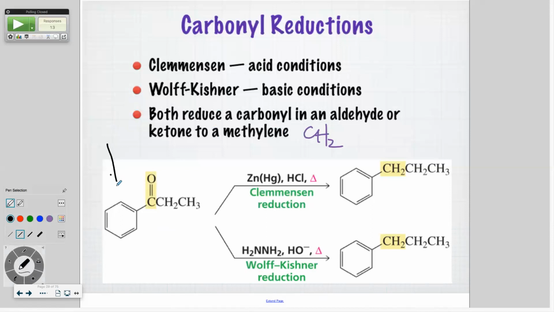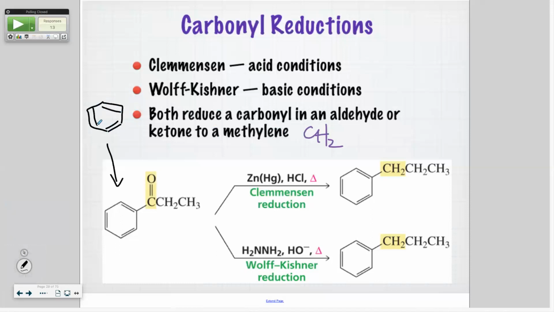Here's your benzene, and you would add CH3, CH2, C double bond O, Cl, and AlCl3, and you would get that. It wouldn't rearrange. If you tried to do the one with the carbocation, propyl chloride, it would rearrange to the isopropyl. So that's why we do it this way.